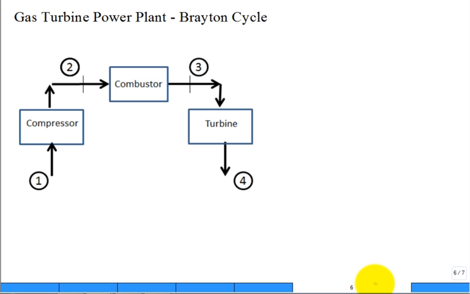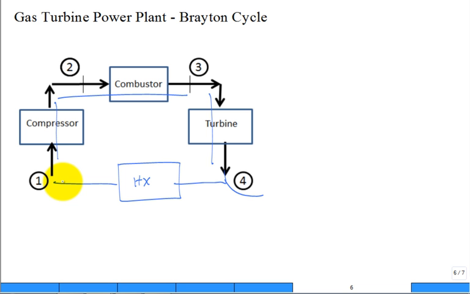Well, let's talk about closing the loop here on the Brayton cycle. So we have a compressor, combustor, turbine, and this would typically go out the stack, exhaust. But to close the loop, you put a heat exchanger, and now you have a cycle. The only place that there's heat transfer into the system is in the combustor, and heat transfer out of the system is in this imaginary heat exchanger to close the loop.